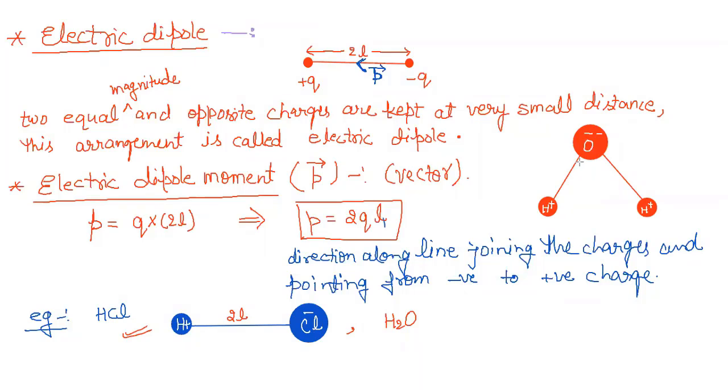Between O and H, the dipole moment will be along this direction, and between the other O and H, it will be along this direction. When you take the vector addition, the resultant will be along this direction.